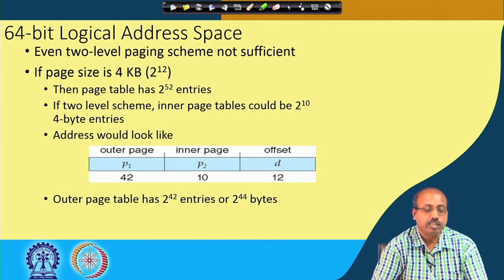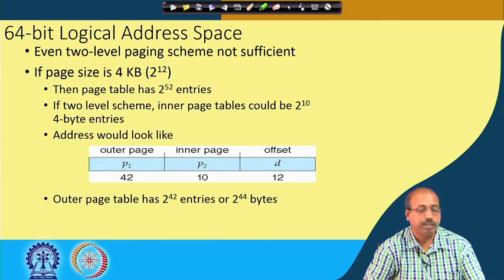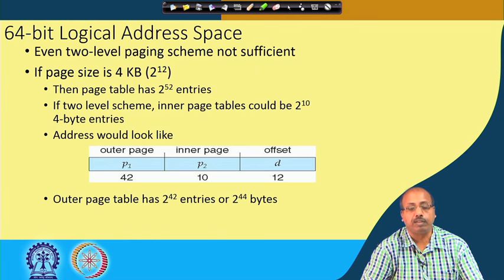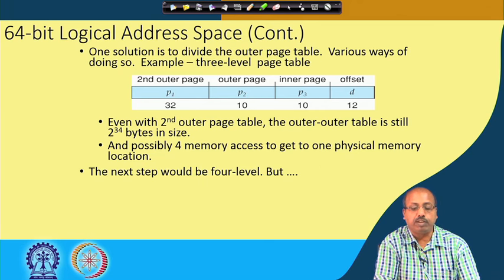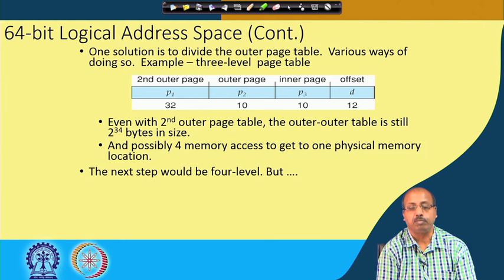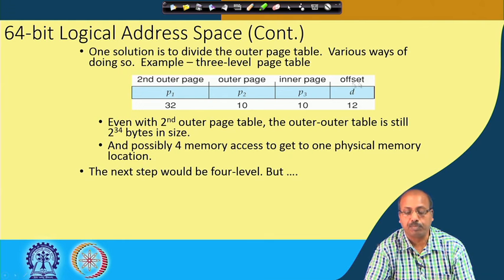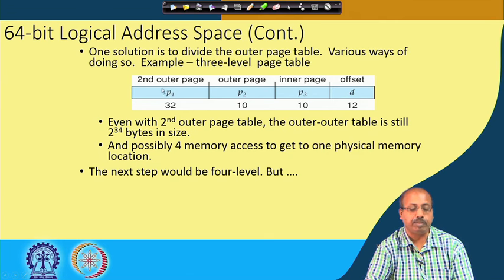So, this 2 level scheme is not sufficient for 64 bit addressing. We need to go for even more levels for this type of structure. One solution is to divide the outer page table, so now we have a second outer page table. We have the offset, then inner page, outer page, and then a second outer page, so we have a 3 level page table.